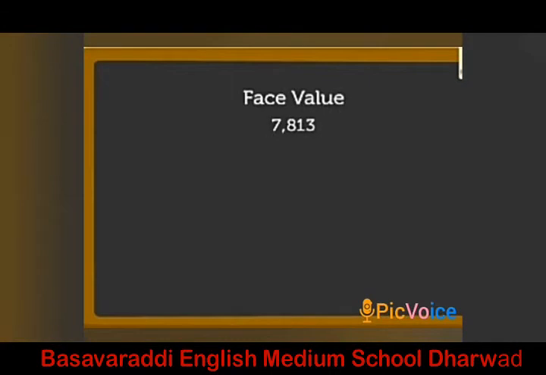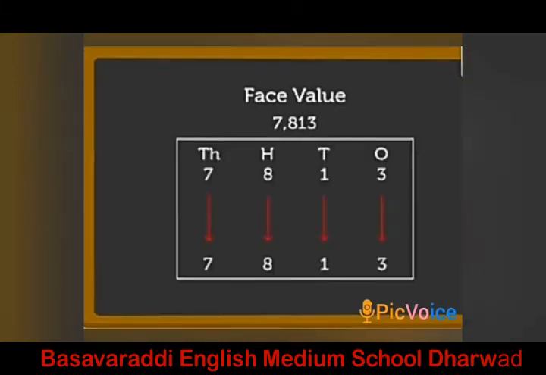Now let us understand what is the face value. Face value is what? The digit. The face value of a digit in a number is the value of the digit itself. Let us look at the number 7813.